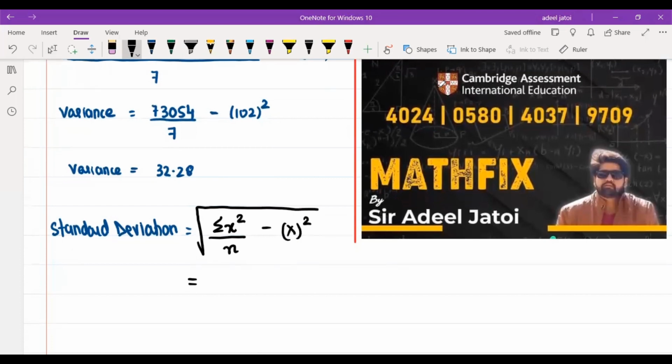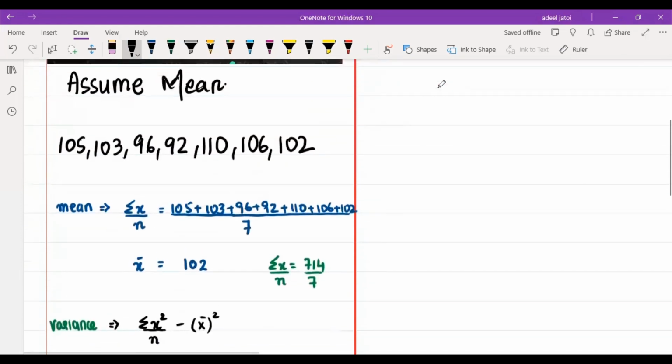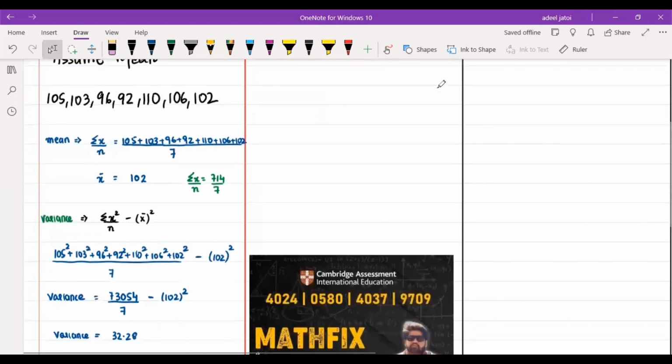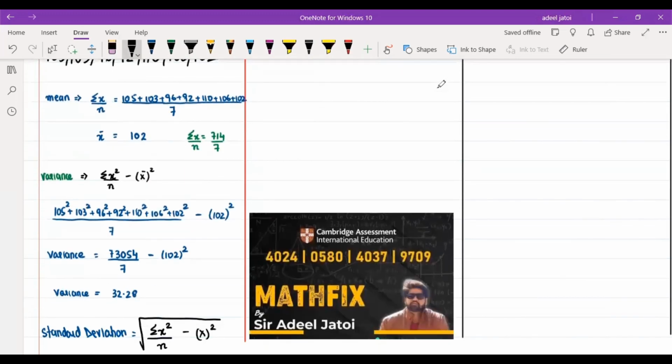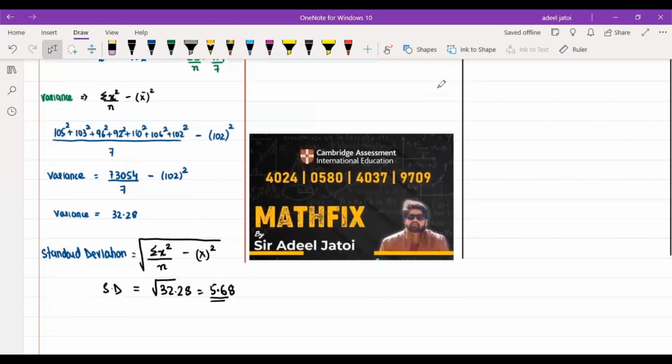If I want to calculate the standard deviation of the above data, this should be the square root of 32.28, which is equal to 5.68. So you calculated three things: one is the mean, the other is the variance, and then we calculated the standard deviation, which was 5.68.